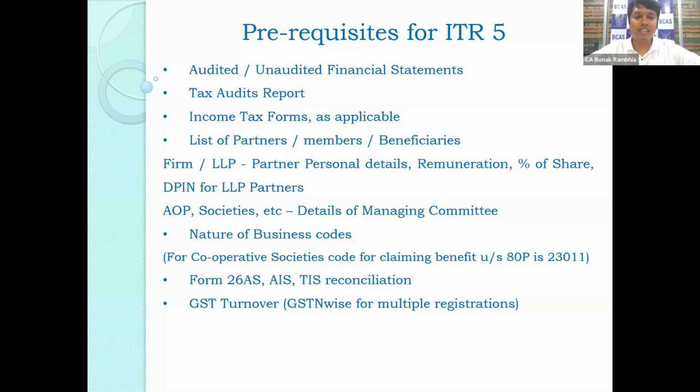Further, yes, the 26AS, AIS, TIS reconciliation. I would only let you know that AIS has currently these 5 heads. Basically, it is the TDS, TCS information, the SFT information, the payment of taxes made during the year, demand and refund activities during the year, and other information.